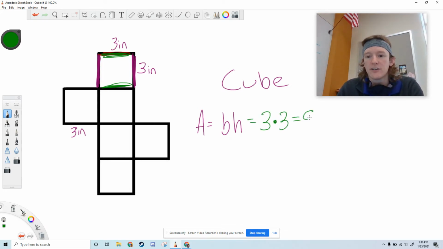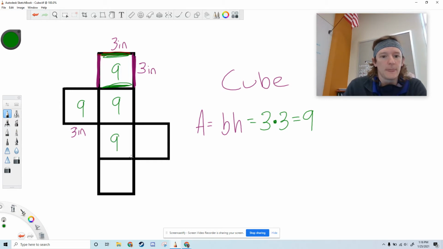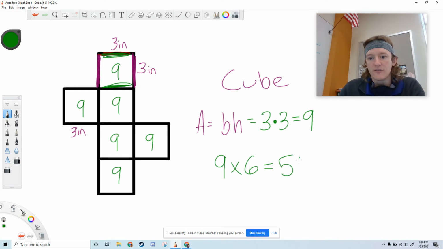So the area of each square is 9. This one's 9, this one's 9, this one's 9, this one's 9, this one's 9. We have 1, 2, 3, 4, 5, 6 9s. 9 times 6 is 54. We need to label inches squared.